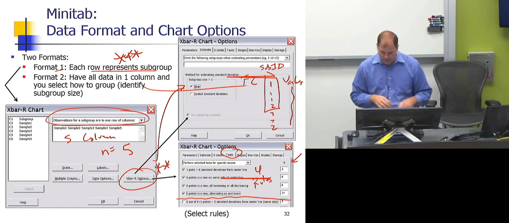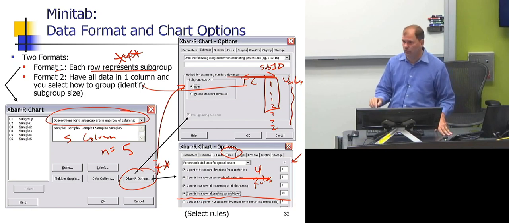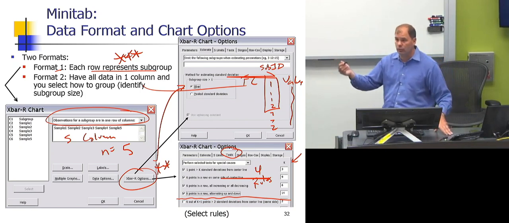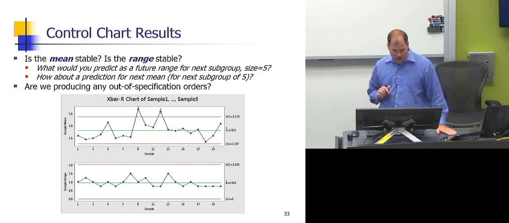But in this class, we'll use the standard rules. You've got to be careful because a lot of software does not default to the 4 rules. A lot of software will only have the first rule. You'll have to change that to be 4 rules. There is a preferences command to change it for you, but you need to make that 4. All right, we go ahead and we run the chart.